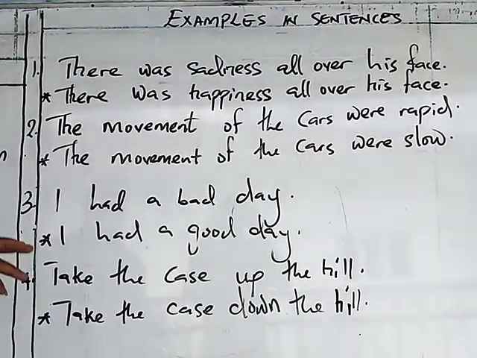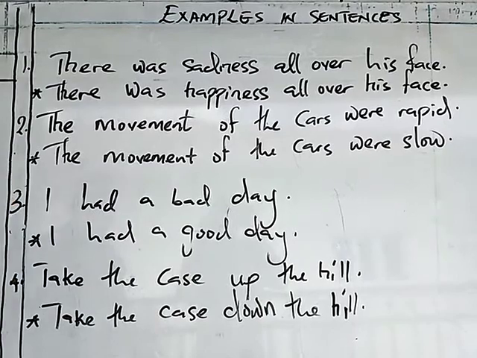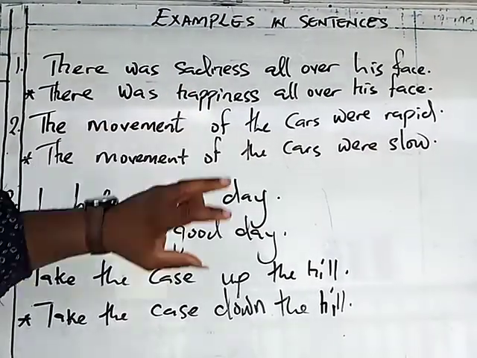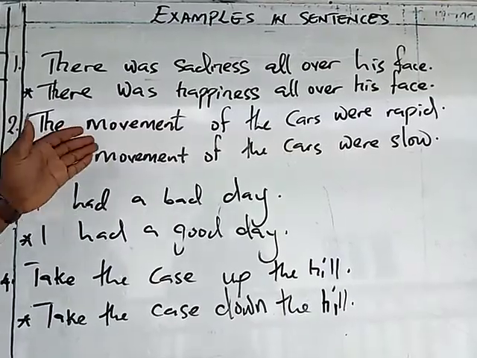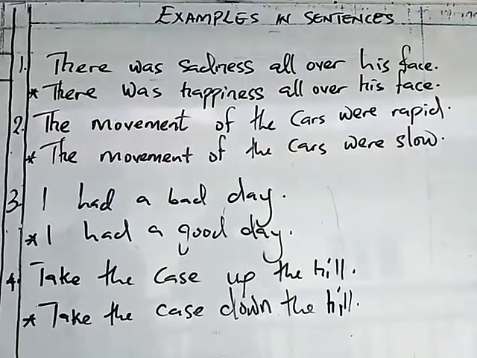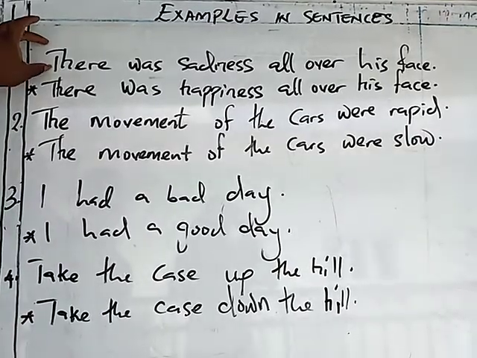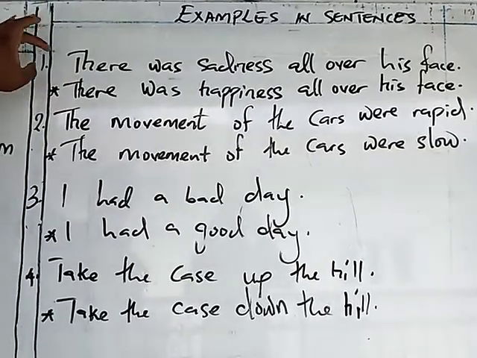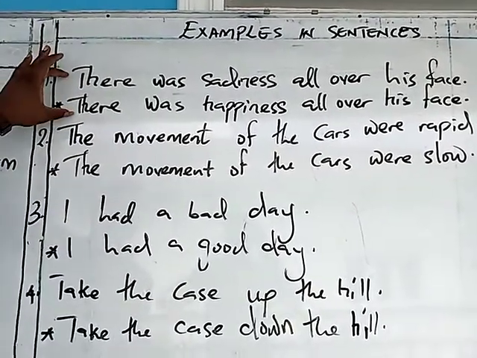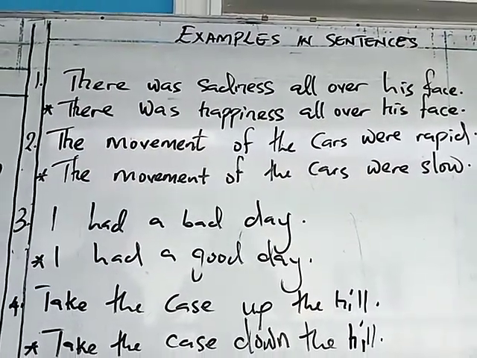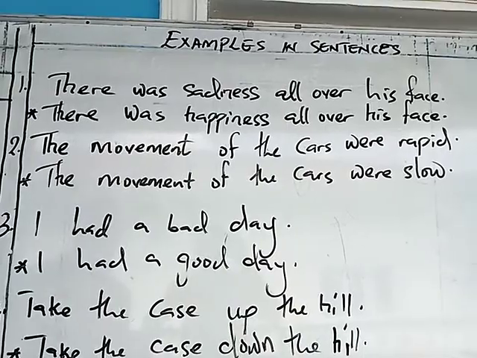We're going to look at words and their opposites. Let's underline the opposite of each word in each sentence. Sentence 1 of number 1: There was sadness all over his face. Sentence 2 of number 1 says, there was happiness all over his face. Now, which word here has an opposite?